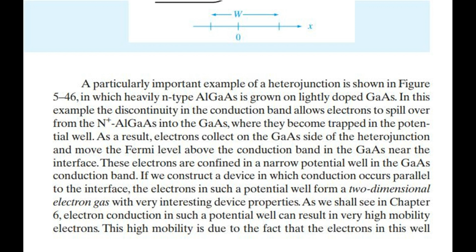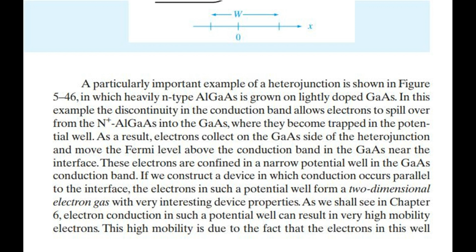If we construct a device in which conduction occurs parallel to the interface, the electrons in such a potential well form a two-dimensional electron gas with very interesting device properties. As we shall see in Chapter 6, electron conduction in such a potential well can result in very high mobility electrons.